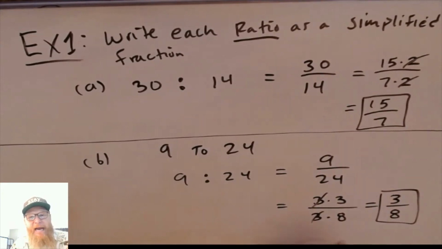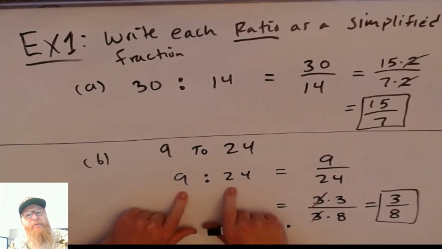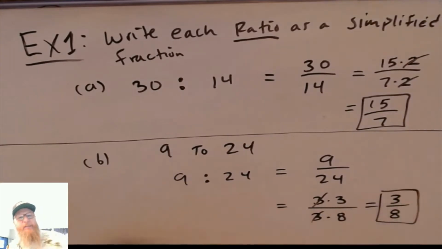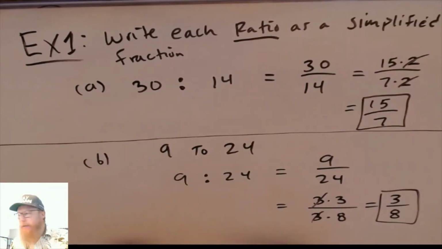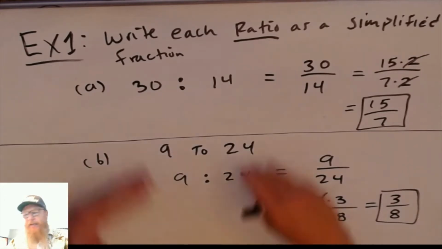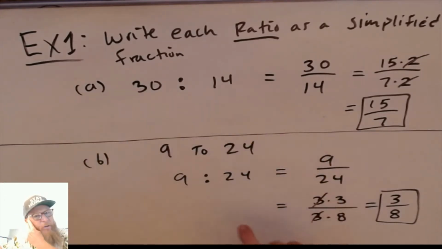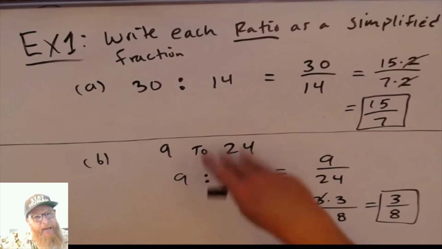So we say the ratio 9 to 24 is equivalent to the fraction 3/8, or 3 out of 8. So these are what we call ratios with no units. They can have no unit at all.